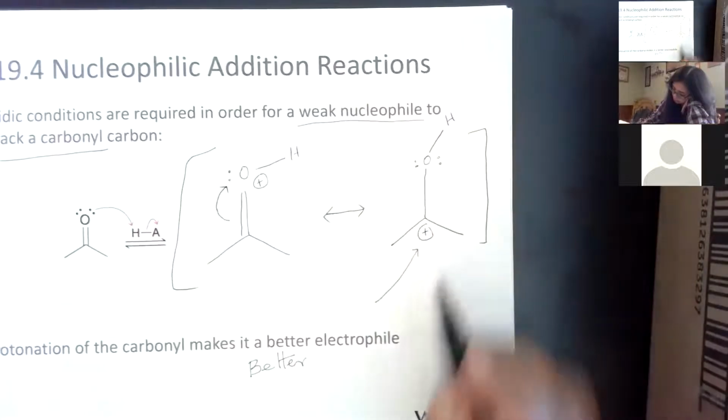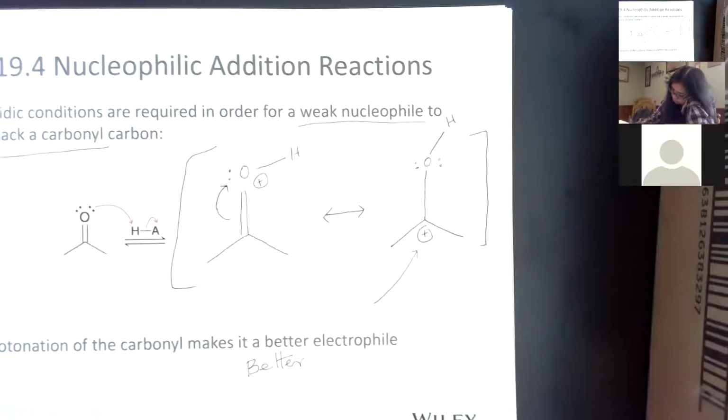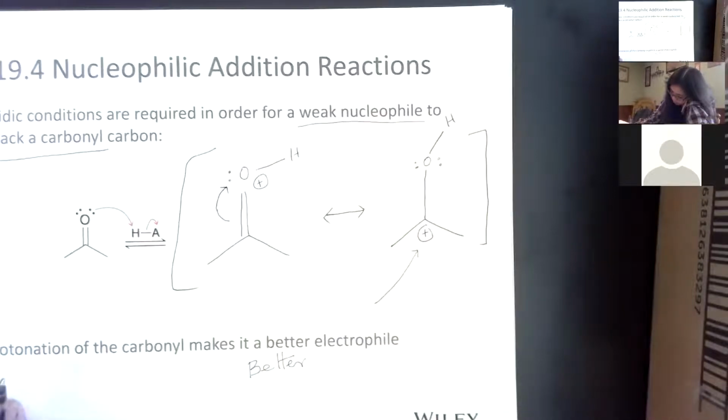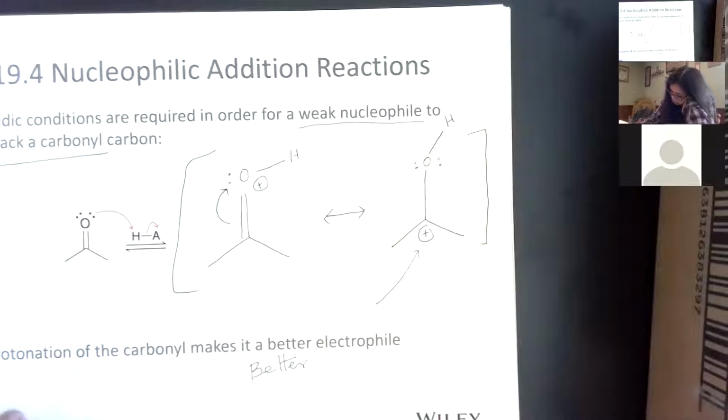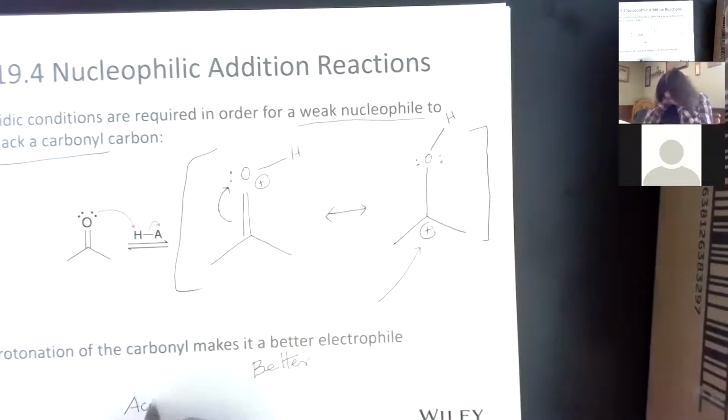So you have a full positive charge, but it's a resonance structure, so it's not going to have the full positive charge the whole time, but definitely makes it a better electrophile. Okay. So always remember acidic conditions. Always keep this in mind for nucleophilic addition and even otherwise too.